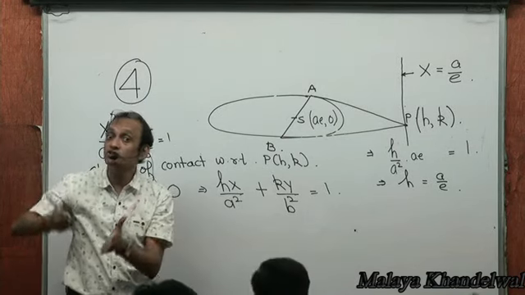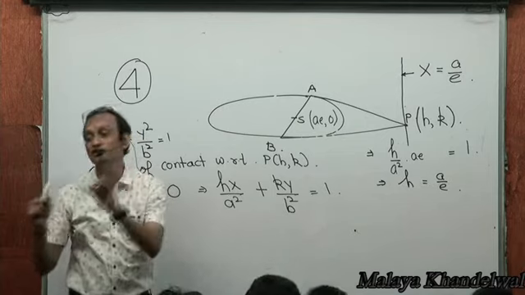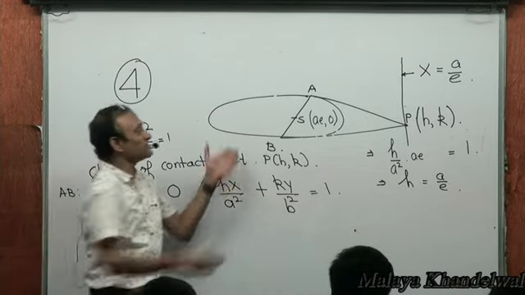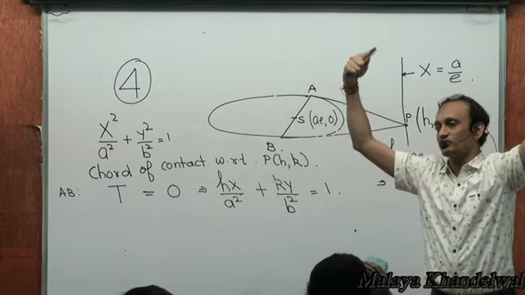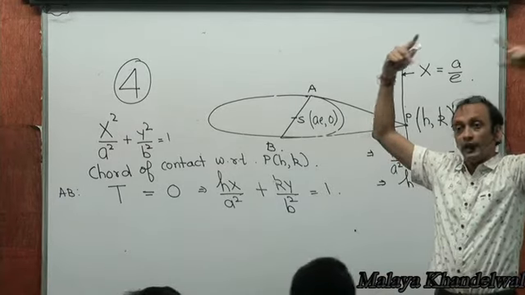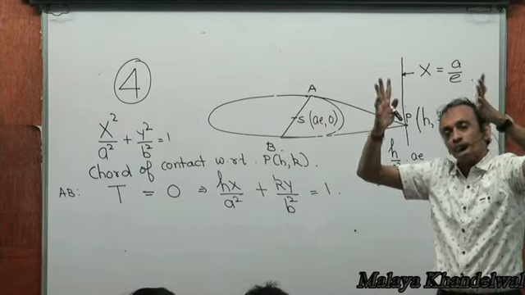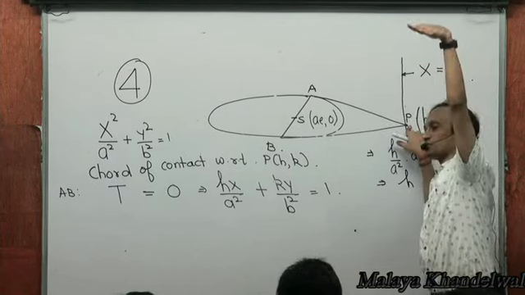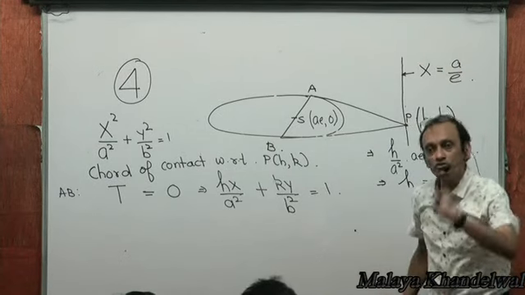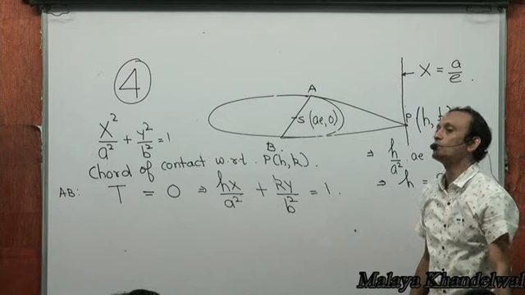Tangents drawn at the extremities of a focal chord will always intersect on the directrix. And if various focal chords are drawn, then the points of intersection of these tangents will constitute the directrix of the ellipse. An important result, you might want to keep a note of it, right?